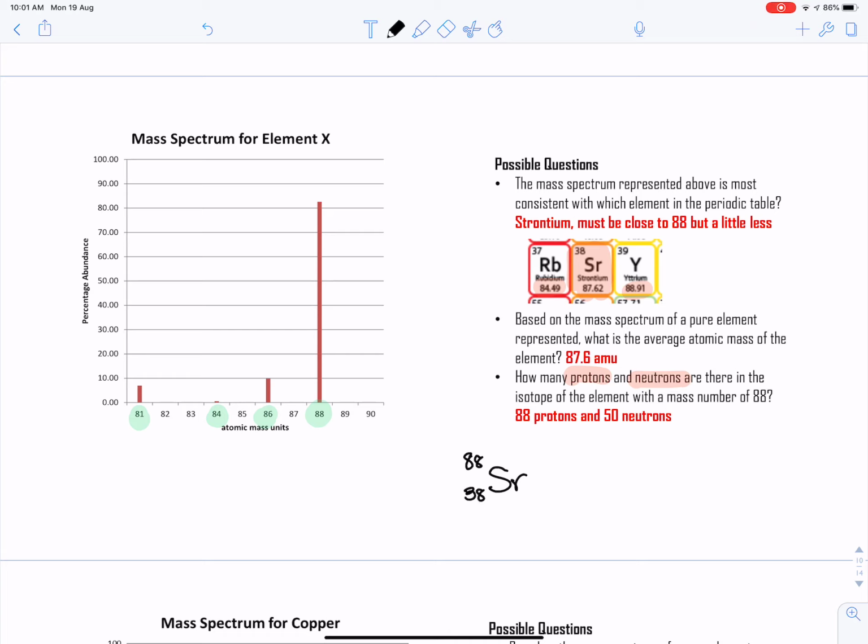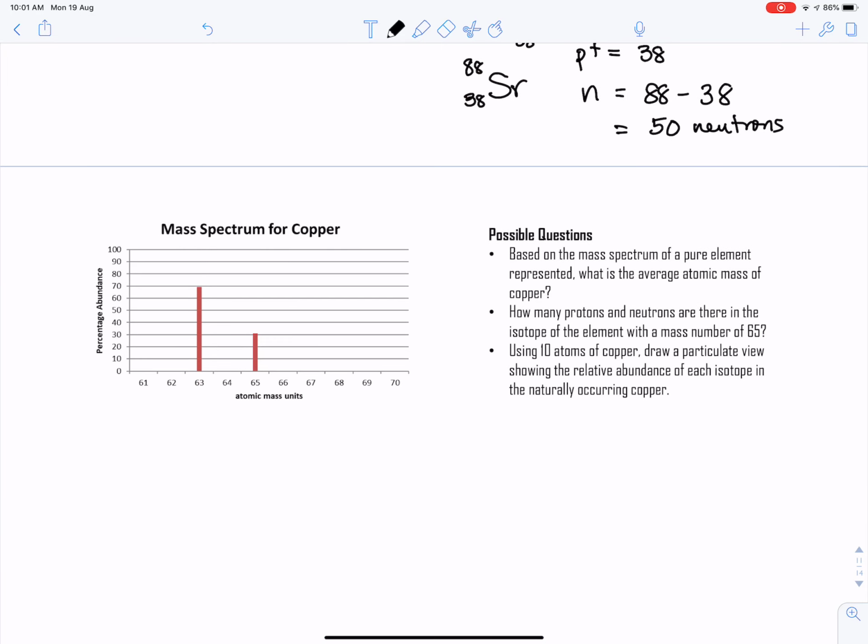So the number of protons is equal to 38. Okay, so sorry, this must be 38. And then the number of neutrons, we subtract 88 minus 38, and that brings us to 50 neutrons. There you go. Now, let's look at another question.